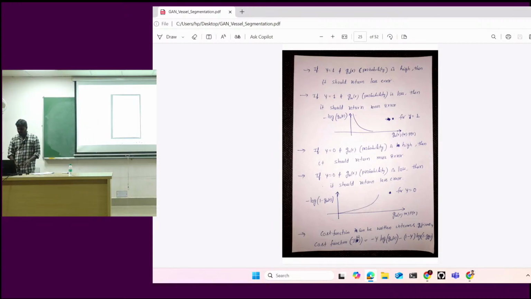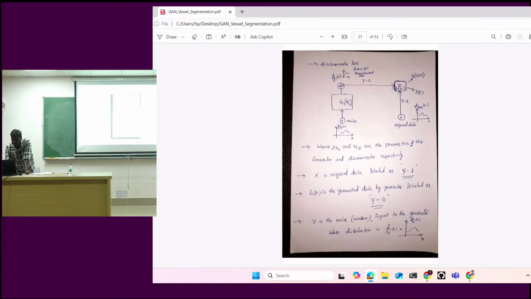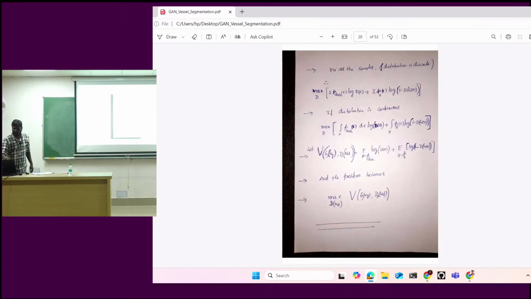You can relate this loss to the discriminator loss. I already told you the discriminator is a binary classifier. It gives you two probabilities: one for the real sample and one for the sample coming from the generator. Using those two probabilities, you can define the loss functions.